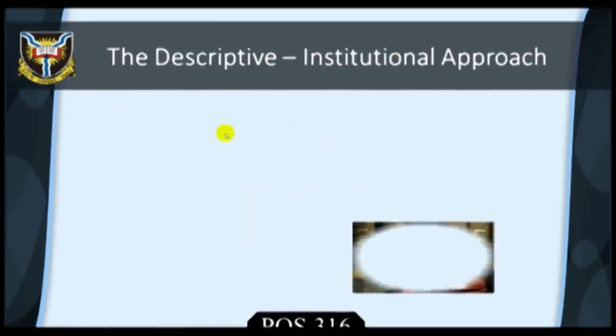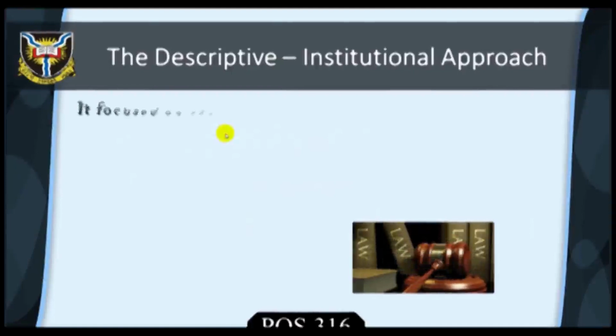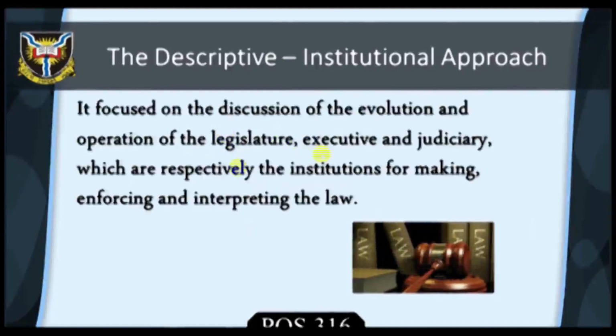The descriptive institutional approach. This approach to the study of politics, and by extension, comparative politics, originally focused on the discussion of the evolution and operation of the legislature, executive, and judiciary, which are respectively the institutions for making, enforcing, and interpreting the law.